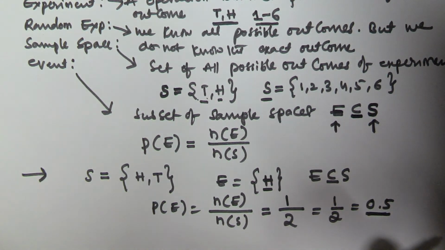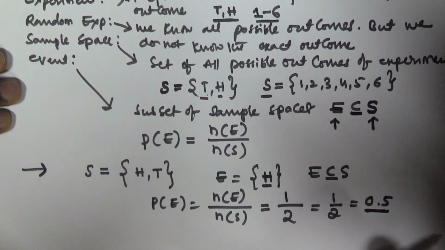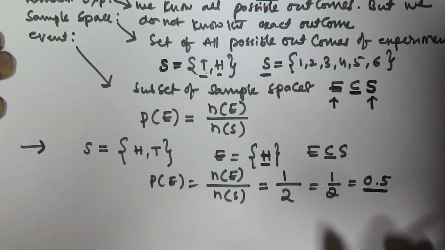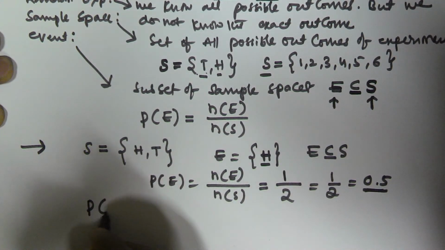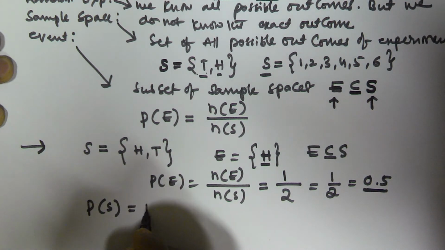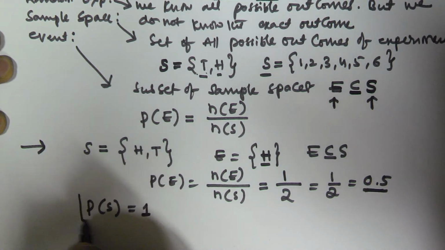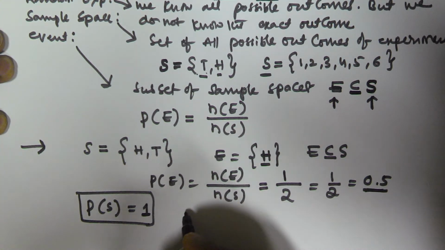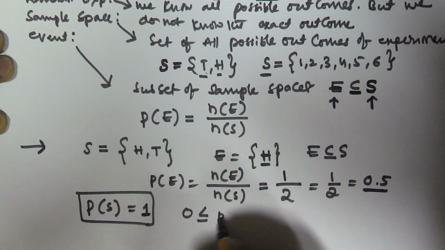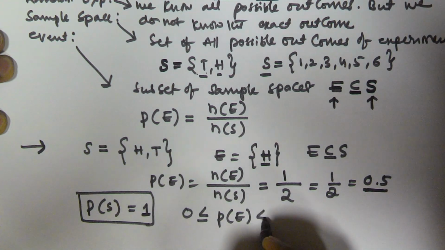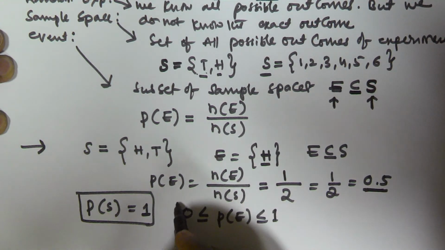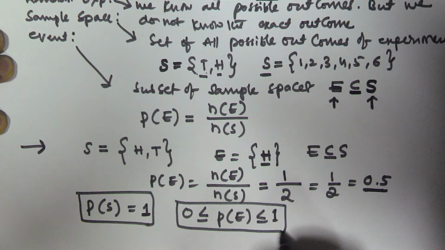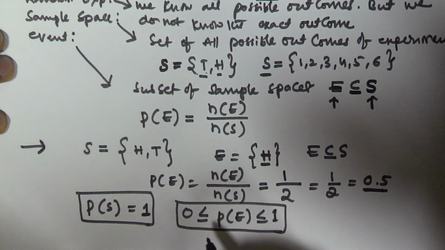Probability has some basic properties. First, the probability of the sample space is always going to be 1. Second, the probability of any event is always going to be between 0 and 1.